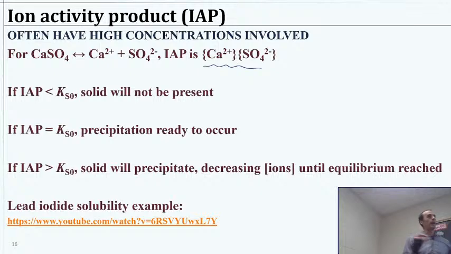But we can compare a given condition in the water, that is the ion activity product, to a known K, right? So the distinction here is the IAP is not necessarily a condition at equilibrium.